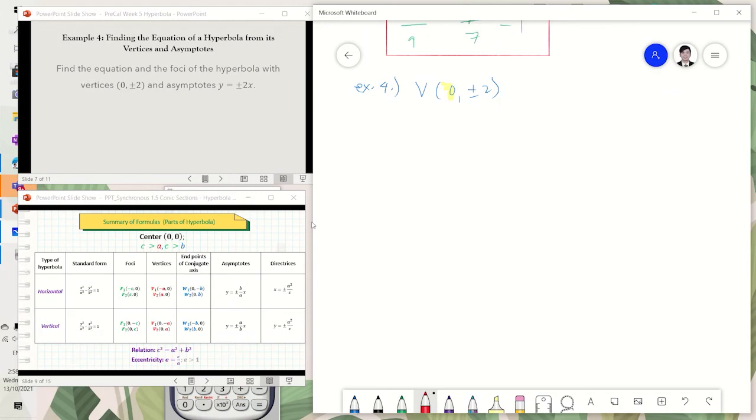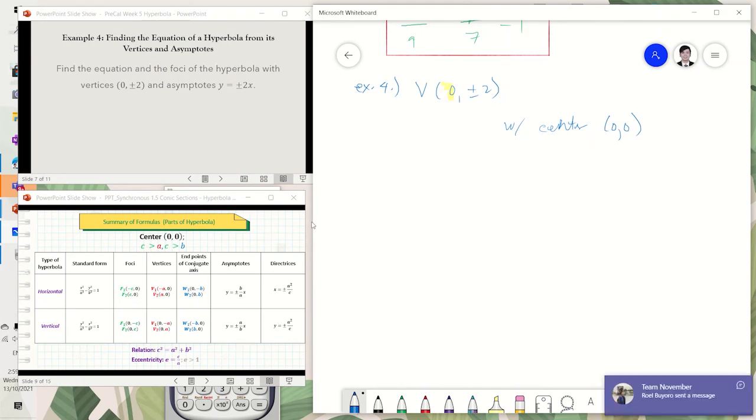So with 0 and 0 as your x coordinate for the vertices, the center would automatically be at the origin. And then the y coordinate changes, so that means it's vertical.